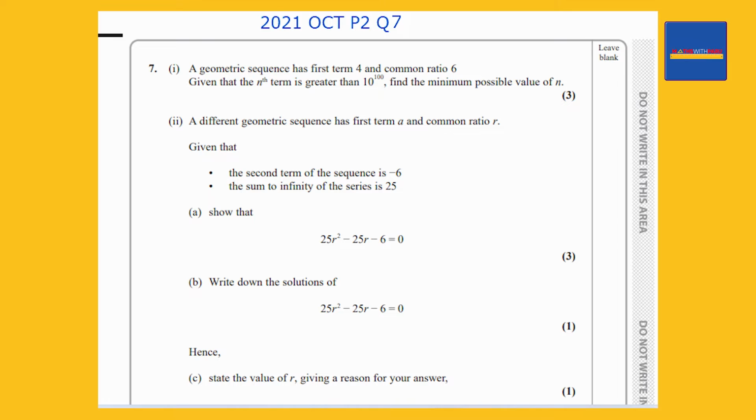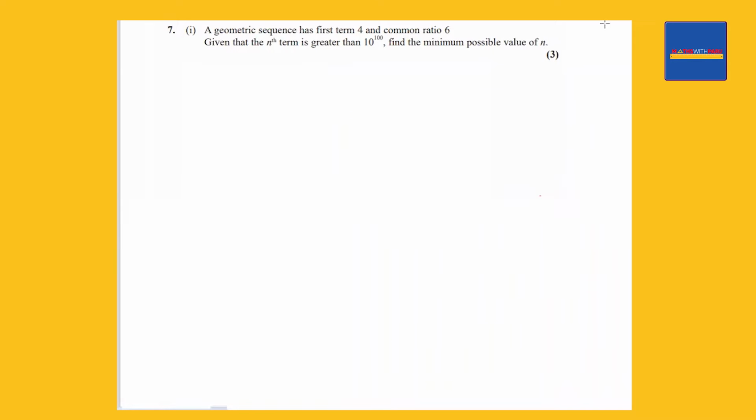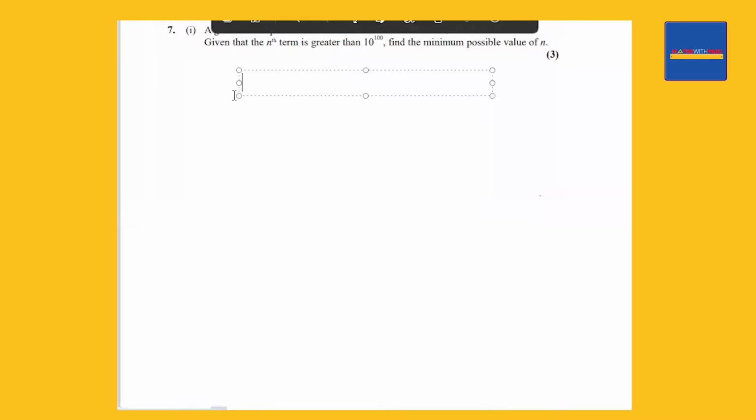Now, let's remind ourselves, in a geometric sequence, the first term is given here. So the nth term of a geometric series would be Tn is equal to ar to the power n minus 1.